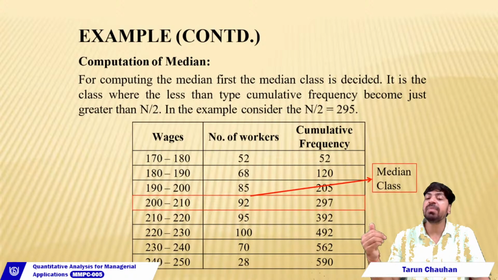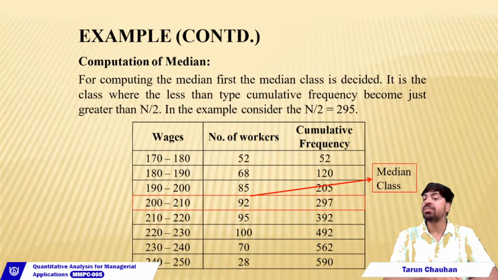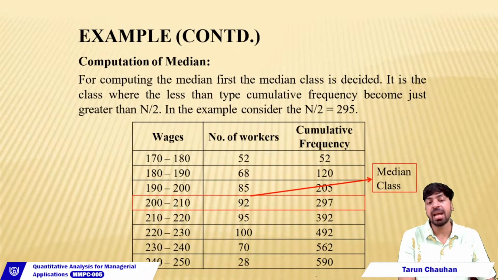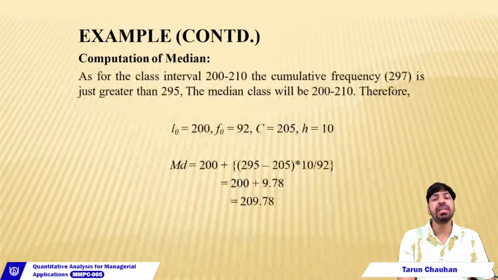So always use the one which is more than the term value, that is 297. Once you find the cumulative frequency which covers 295, that is 297, the lower limit comes easily, that is 200. So 200 is your lower limit, that is called L.